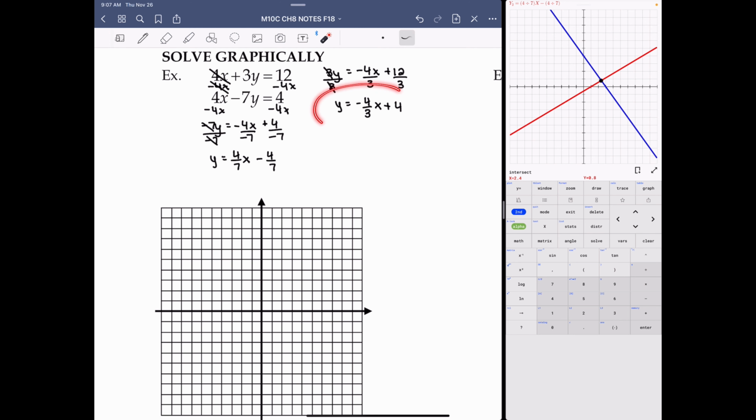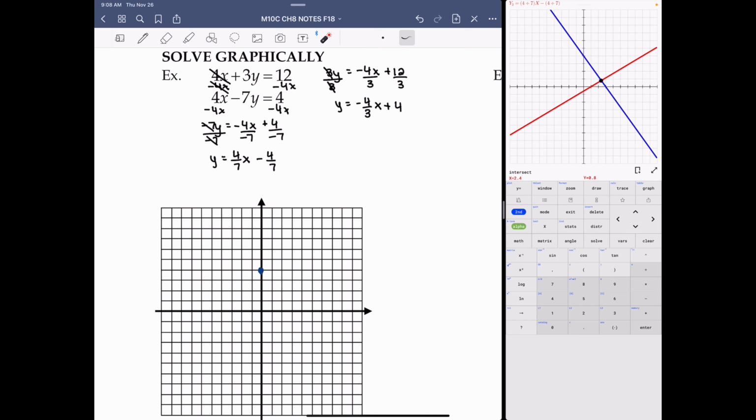I'll start by doing this one, -4/3x + 4. Plot the y-intercept, which is at +4 on the y-axis. Then our slope is -4/3. So negative, it's going down as it goes to the right.